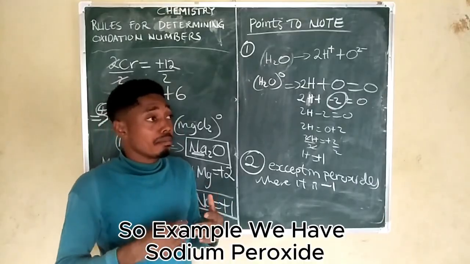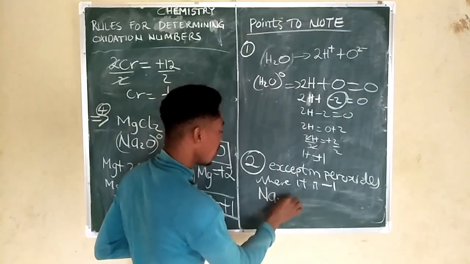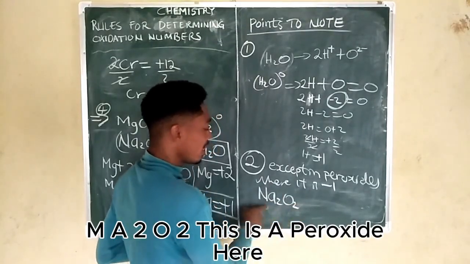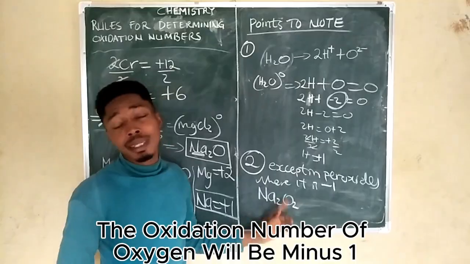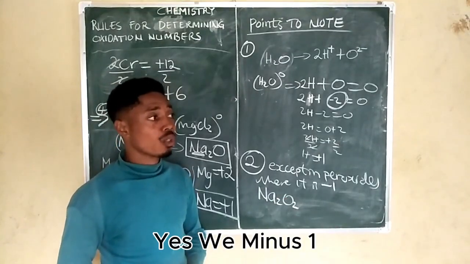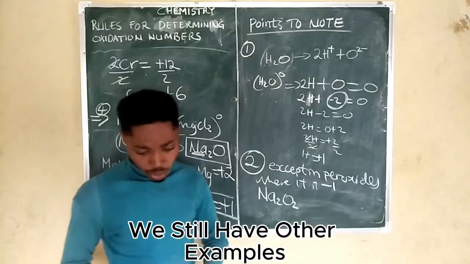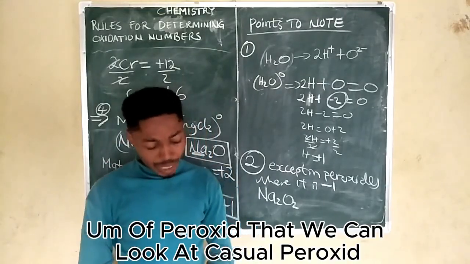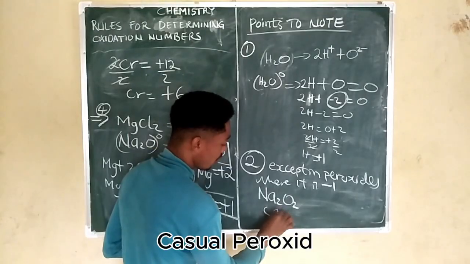For example, we have sodium peroxide, Na2O2. This is a peroxide. Here, the oxidation number of oxygen will be -1. We still have other examples of peroxides that we can look at. Calcium peroxide.